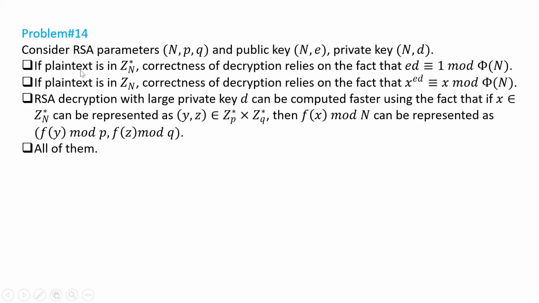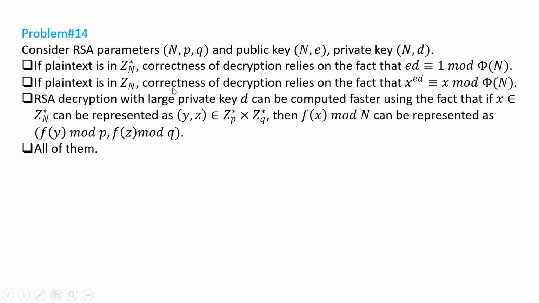So the first option is very trivial to the basic RSA crypto system, and the second option we actually saw in the padded RSA crypto system, where after padding, whatever bit string we receive may not be a member of Zn star, so it may be a member of Zn only.